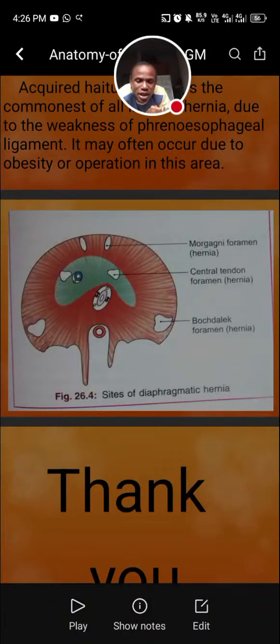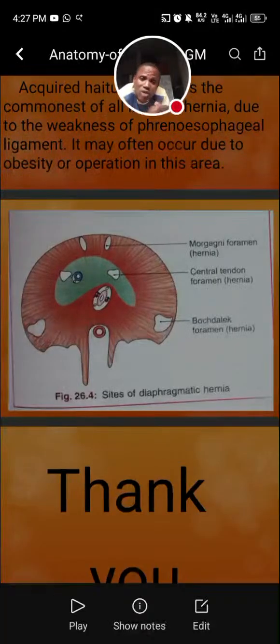In fact, there are openings in the diaphragm: the major openings and the minor openings. The diaphragm serves as a passageway. The S stands for separation. The diaphragm separates the thorax from the abdomen.